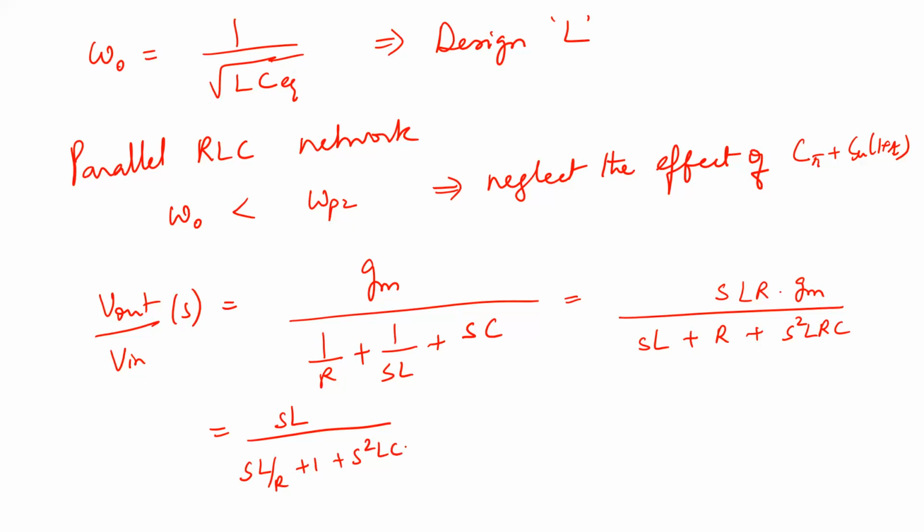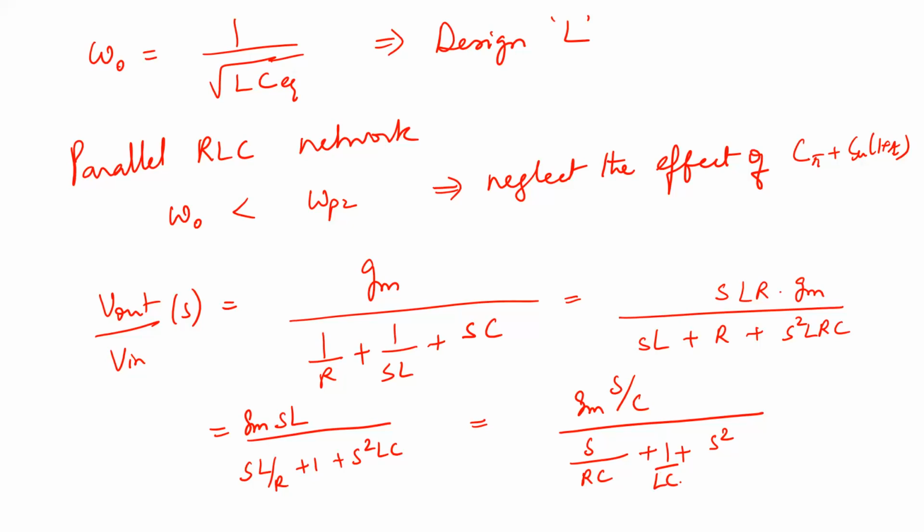Now you can also divide this whole thing by omega naught squared. So basically you will get s by C divided by s divided by RC plus 1 plus s squared, into gm of course. This is nothing but what we have already seen, 1 by LC.